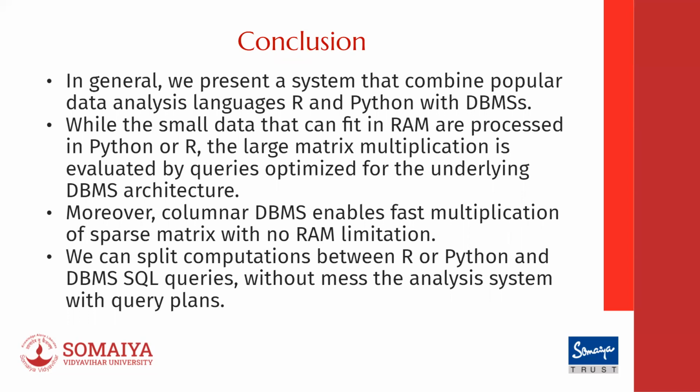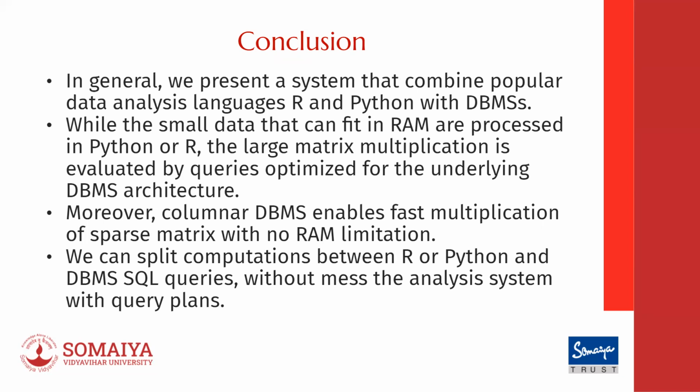Additionally, a columnar DBMS enables fast multiplication of sparse matrices with no RAM limitation, which is present in R or Python. And we can split computations between R or Python and the DBMS SQL queries without messing up the analysis system with query plans.